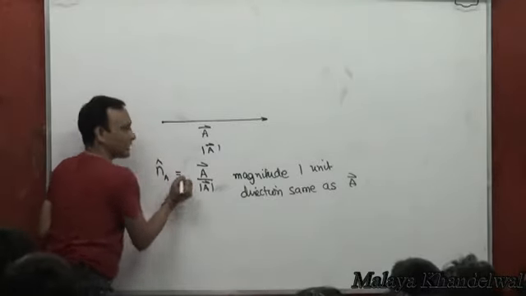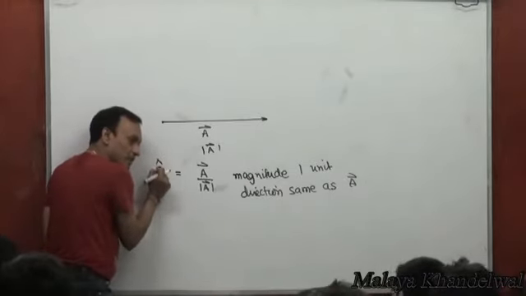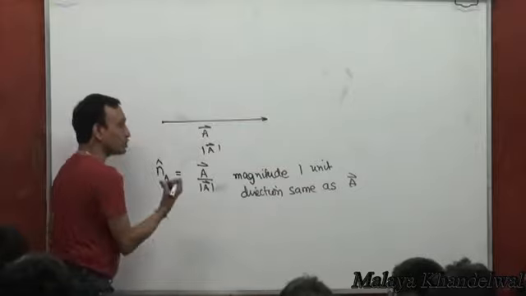It could be written like this, for example. The moment I put this cap, I'm talking of a vector which is called a unit vector.